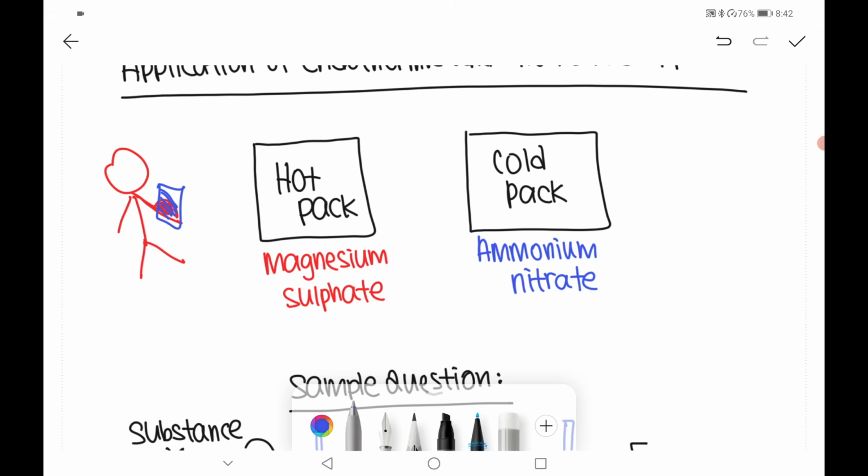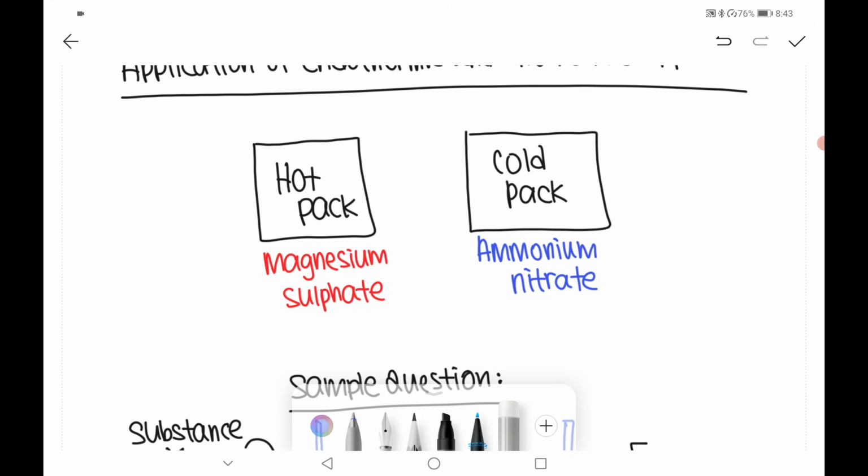Just like if any one of you plays sport, let's say your hand got injured and swollen, normally they will put some ice on the swollen part. When they put the ice on the part which is bengkak, you don't feel so much pain. You feel better. So that is cold pack.